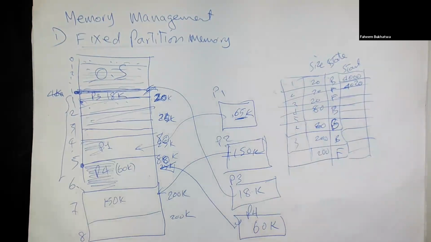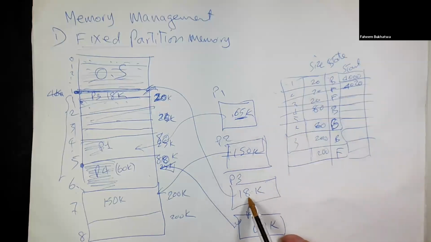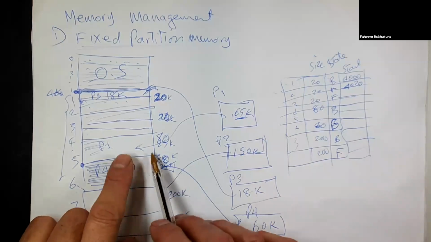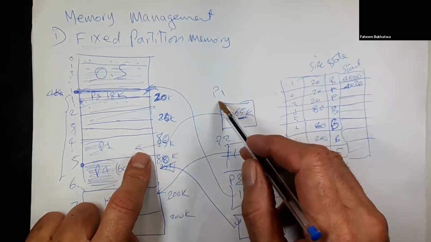Now when a program finishes, let's imagine a program is finished, then the operating system will tell the memory manager, by the way, this program number, whatever it is, let me pick this program here, program number 1 is finished.